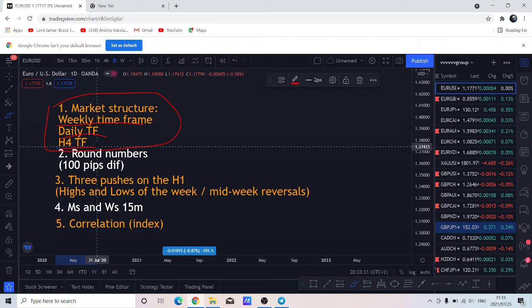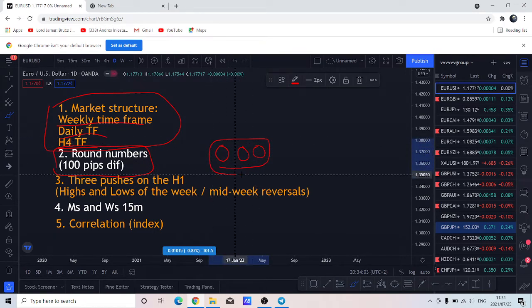I start by doing a top-down analysis, marking the key levels, and then after that, I jump into the lower time frame, which in most cases is the H1, to mark the round numbers. So when marking the round numbers, I'm interested in numbers that end with triple zeros.